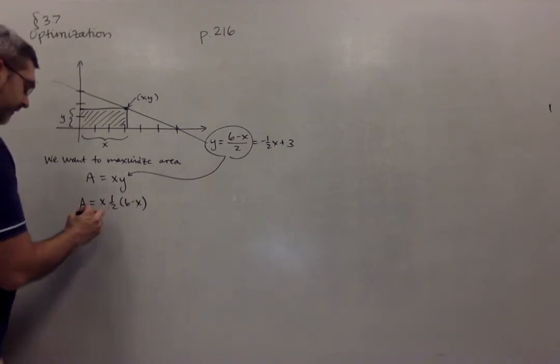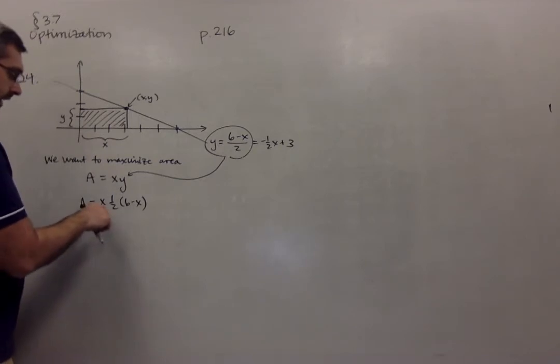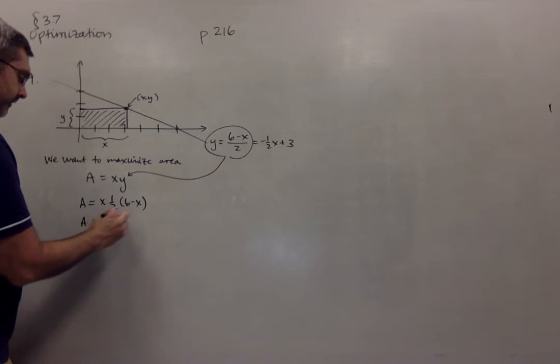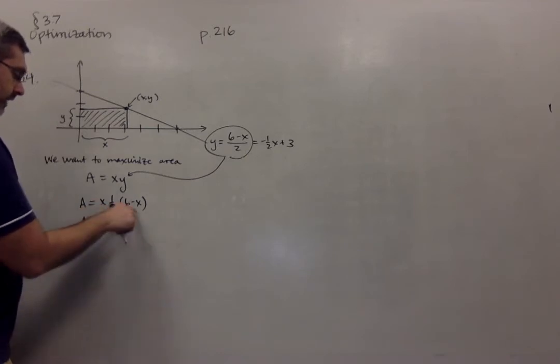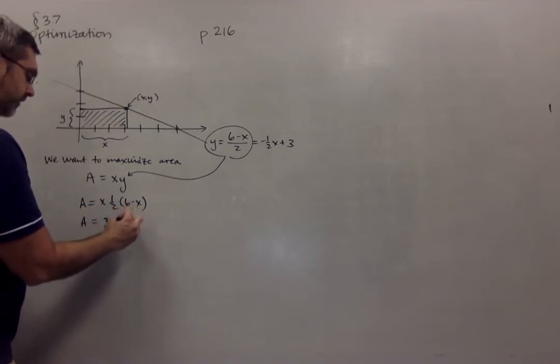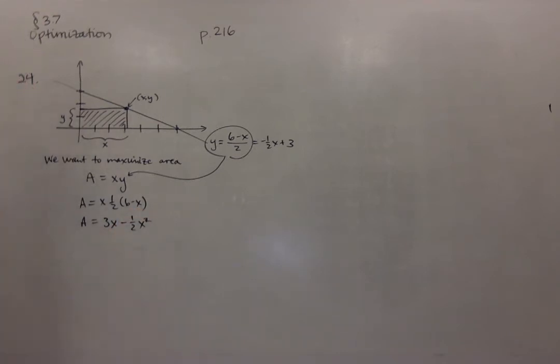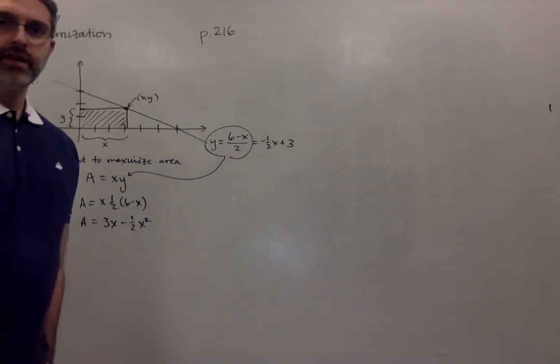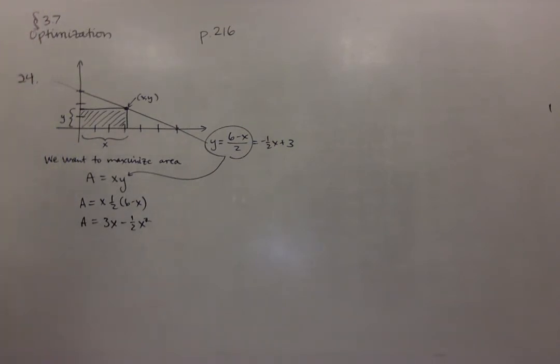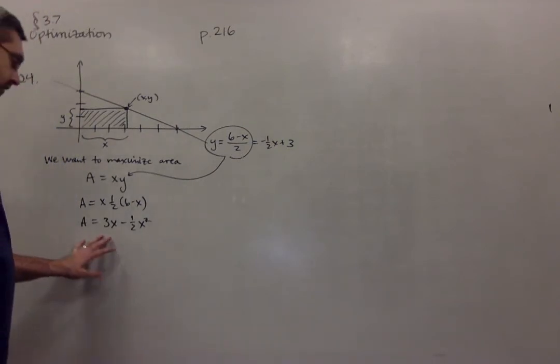Let's clean this up just a little bit. I've got x times 1/2 times 6, so that's 3x. And I've got x times 1/2 times negative x, that's negative 1/2 x squared. Okay. So now I want to find the maximum for that area. So I'm just going to use my calculus techniques.